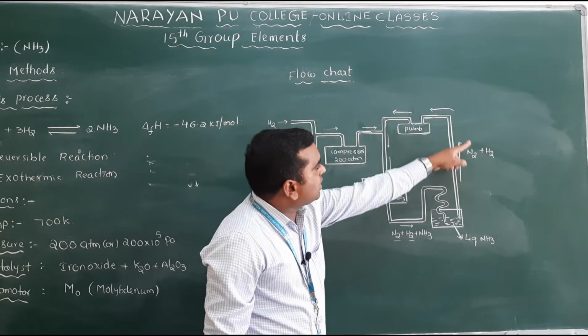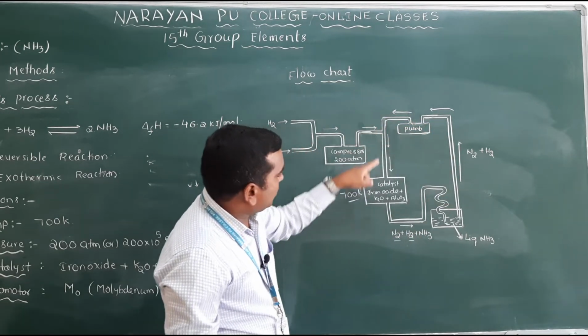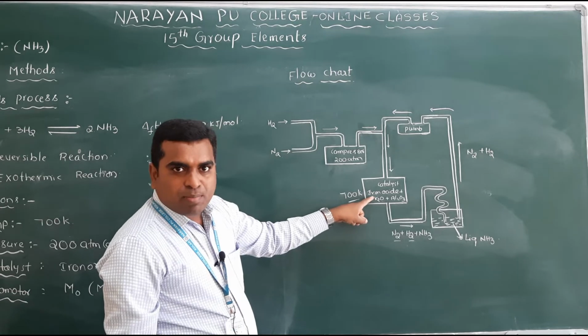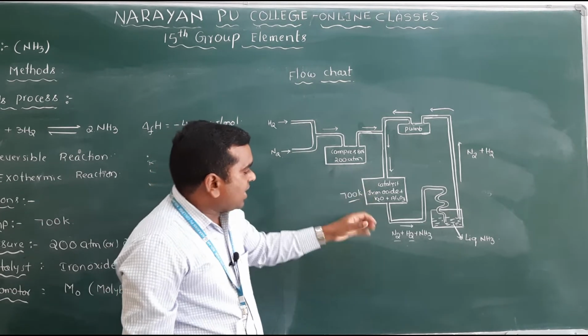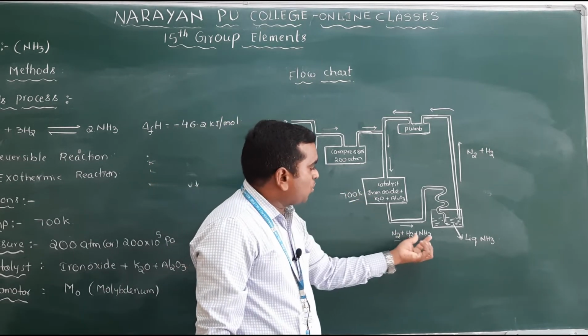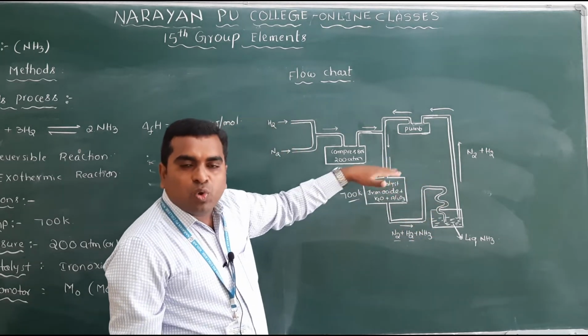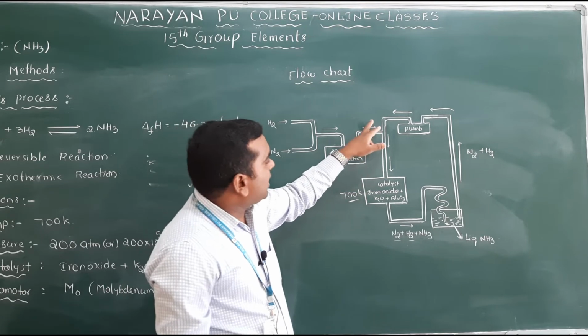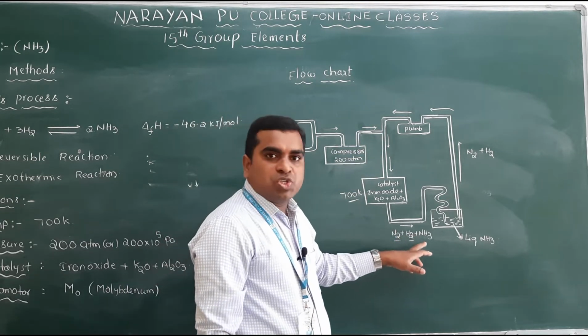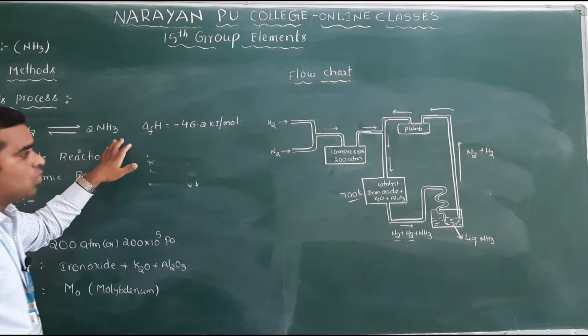Again some unreacted N2 and H2 is pumped to the catalyst chamber and reacts, converting into NH3. We keep on doing this till all the N2 and H2 is converted into ammonia.